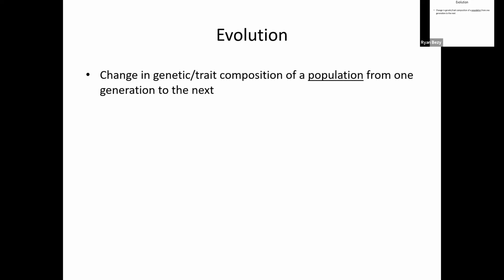It's changes in the genetic composition and the trait composition of a population from one generation to the next, to the next, to the next. So we're looking at changes in a population over time.